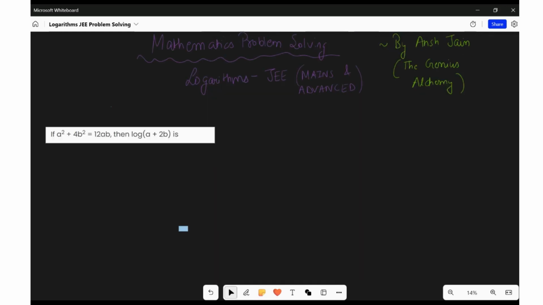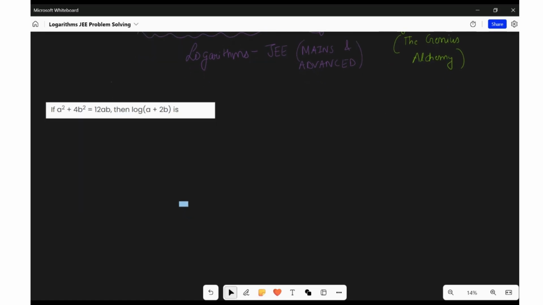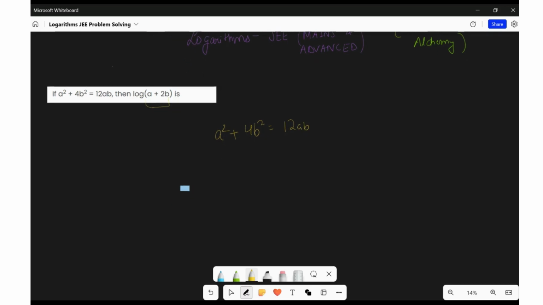Now this is the next problem, and we'll use some basic identity in this to solve it. We are given the expression that a square plus 4b square is 12ab. Now to bring it into the form of a plus 2b, we can write it as a plus 2b whole square minus 4ab is 12ab.